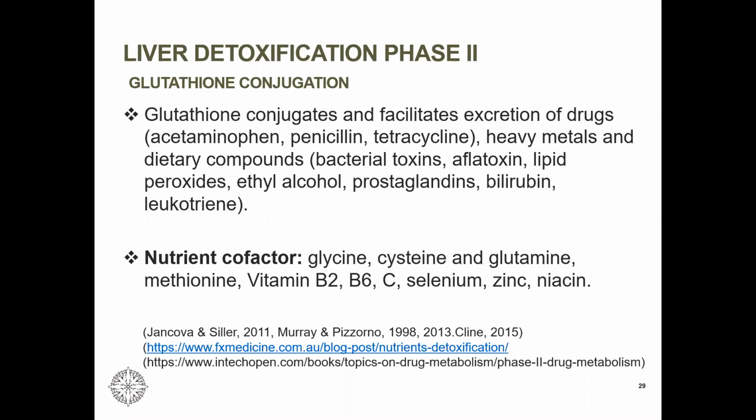Therefore, what all nutrients would it require? It would need glycine, cysteine, glutamine, because glutathione is made up of these 3 amino acids. Then we also need vitamin C, selenium, niacin, and riboflavin.